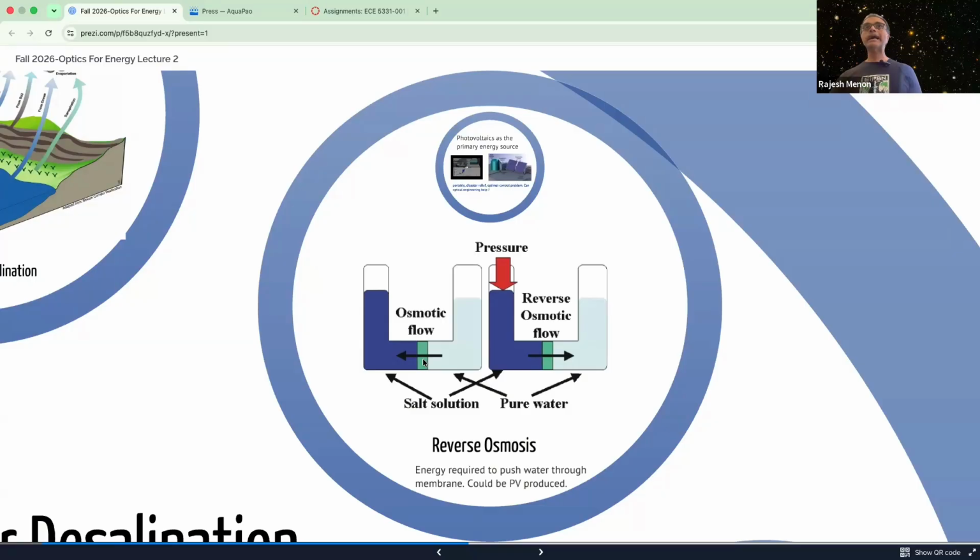This filter will allow water molecules to pass through because they're tiny, but salt molecules are not allowed to pass through because they're big. Salt is sodium and chlorine, and they form the crystal lattice because of the Coulombic forces, right? So you probably all heard about it. The molecular formulation of salt is much larger than water, so you can easily separate them with the filter. Now, what will happen if I do nothing?